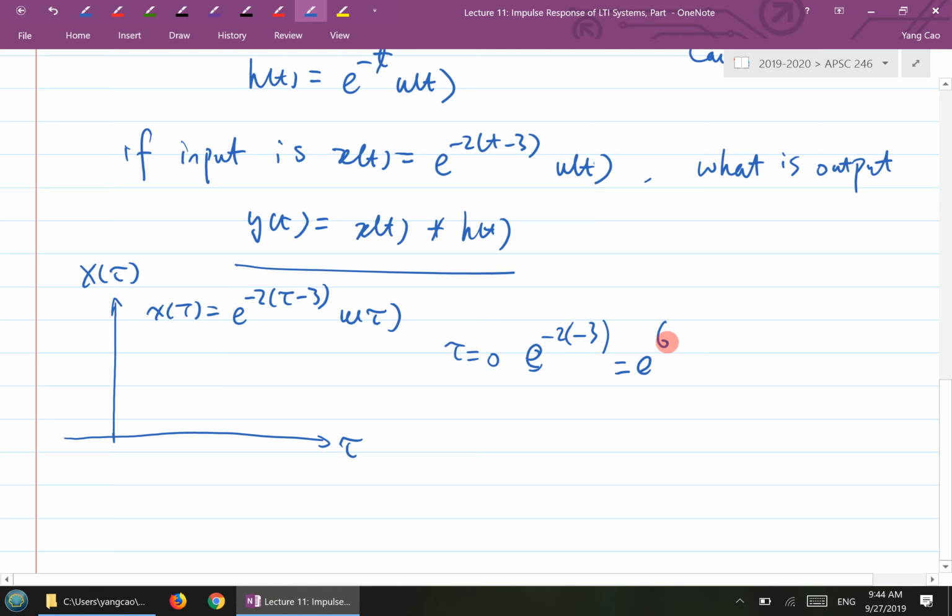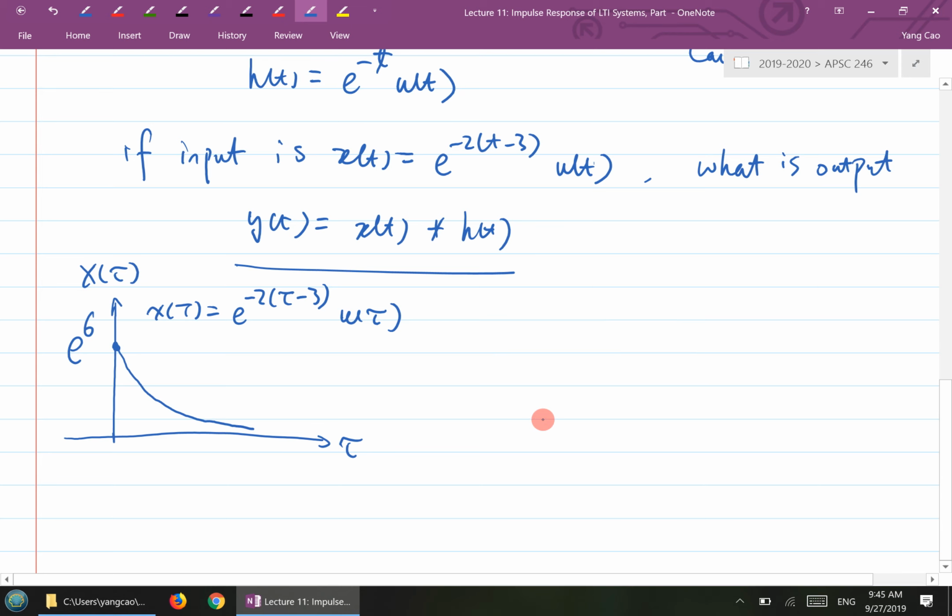So when tau equals 0, x of tau equals e to the power of 6. Then, as tau goes up, it's just a downhill. It will keep going down. This part doesn't have to be very accurate, just a rough sketch is fine. So that is x of tau.